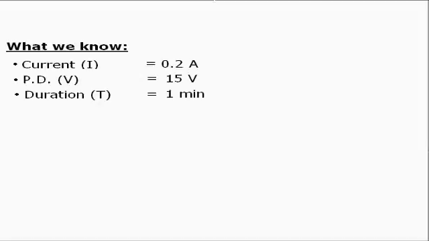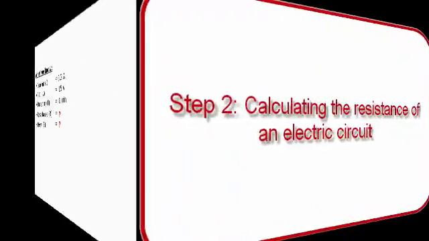The duration of time of interest is 1 minute, and we've been given the task of identifying the resistance of the electric circuit and the heat released, which is just the energy transferred. Now that we understand the clues that we've been given and the parts of the question that we are asked to find, the next step is to identify the appropriate physics equation that will allow us to find the resistance and the heat released.